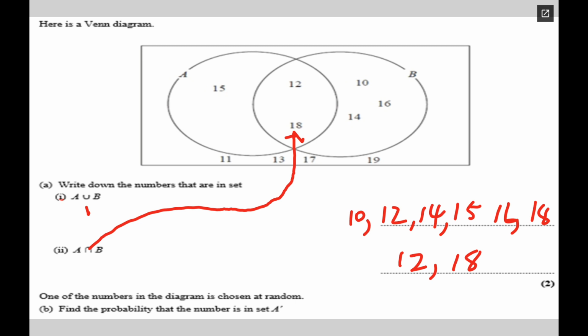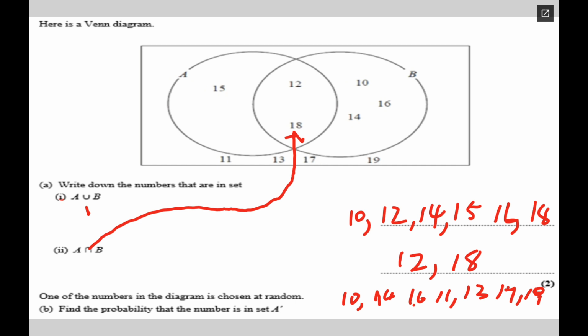Find the probability that the number is in set A dash, so not A. So you can see here not A. So not A is everything that is not in A. So it would be 10, 14, 16, 11, 13, 17, 19.